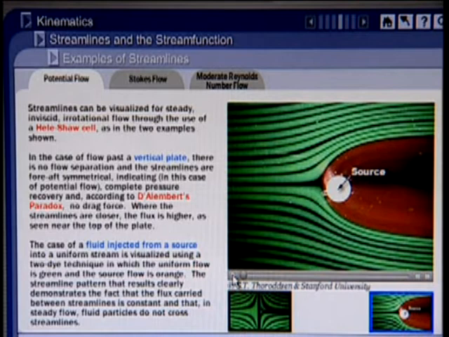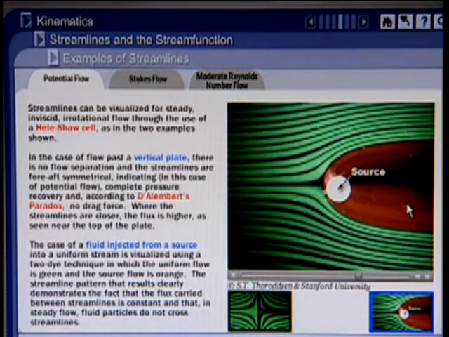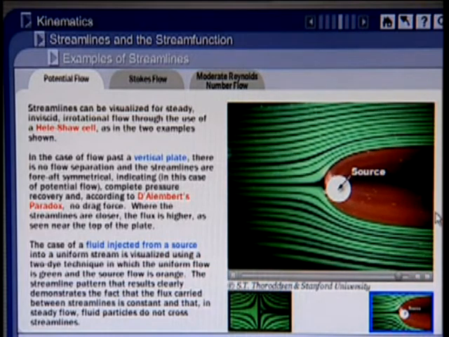Again we have another visualization technique to understand the flow. This figure we have already seen.